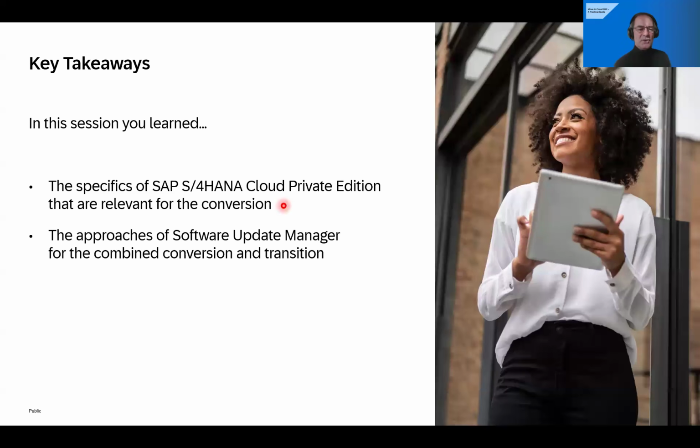And the Software Update Manager offers two approaches for a combined conversion and transition: the DMO with system move. But if the connection is good between source and target, DMOVE to S/4 is the one to use. It's faster, and it even allows you to switch gears and use advanced technologies for downtime optimization, like downtime-optimized DMO, migrating tables already in uptime, or even downtime-optimized conversion.